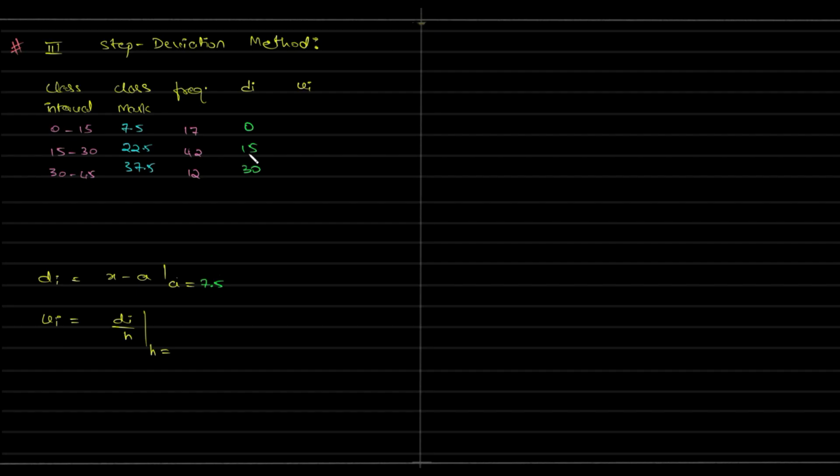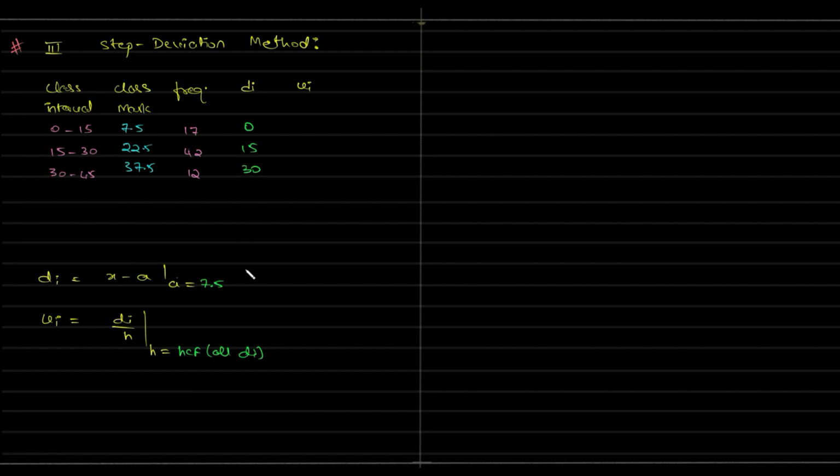We see that there are numbers which have a common factor. The HCF of all of these di's is taken as h. And we call another column ui, which does this. That is, we're going to divide di by that particular HCF value.